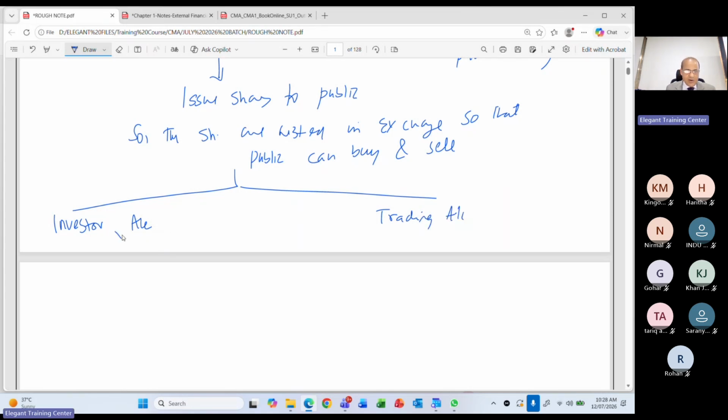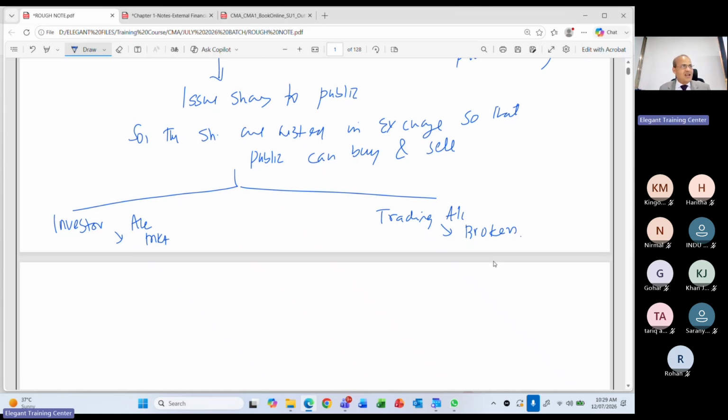The investor account comes from the market. Market means what? Stock exchange, not gold market. And the trading account comes from brokers, stock brokers.